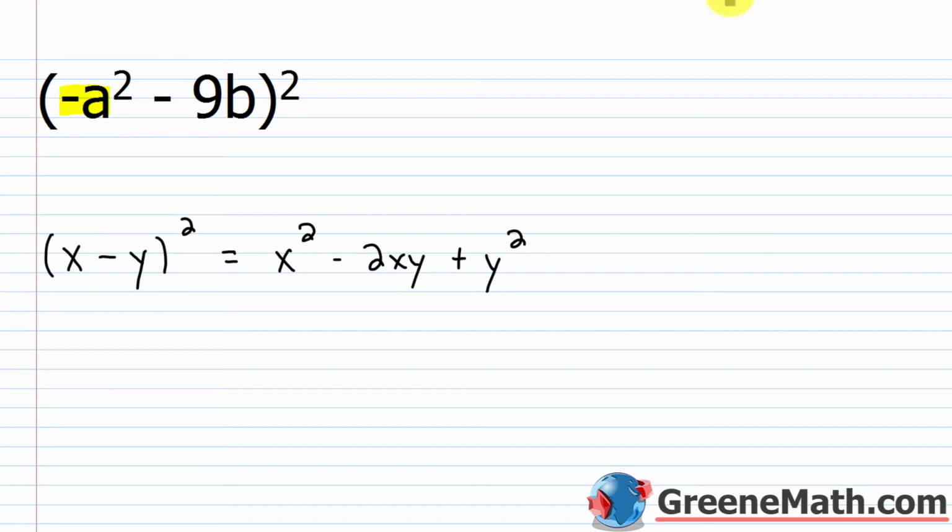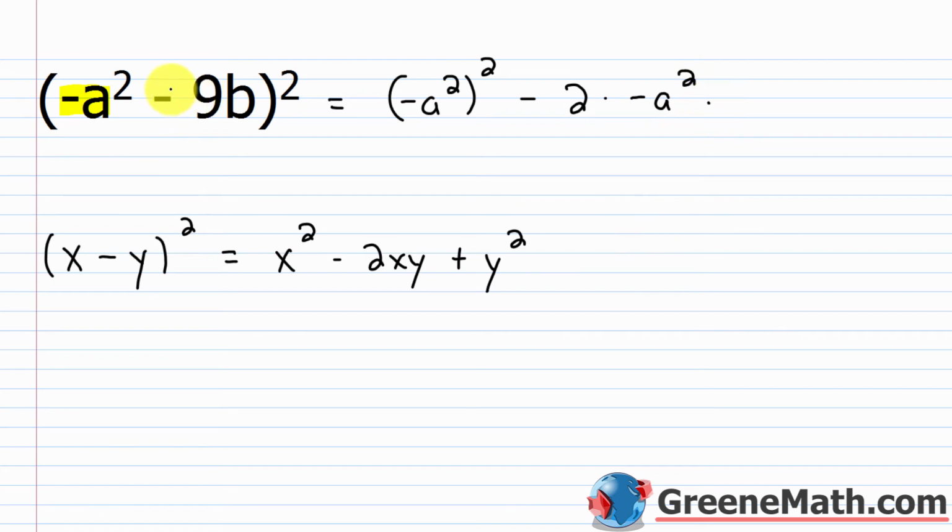So that's the difference. So what I want to do here, I want to say I have the first guy squared. So the negative a squared, the whole thing. So that's going to be squared. Then I subtract away 2 times the first guy. Again, I've got to put the negative a squared in times the second guy.